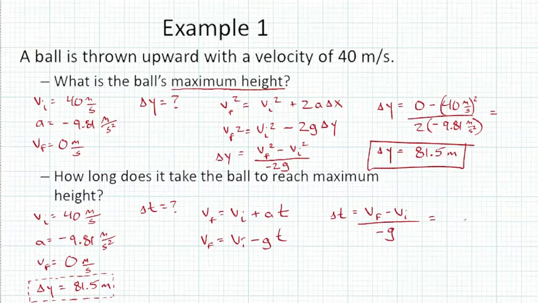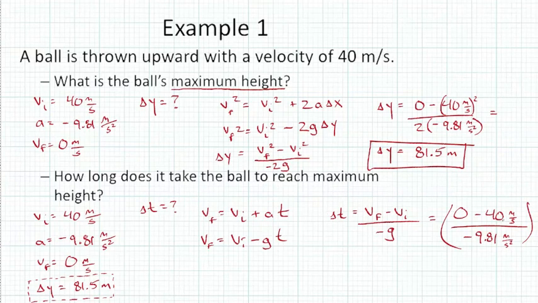What is that? Well, my final velocity is 0. That's easy. My initial velocity is 40 meters per second. And my acceleration, that's negative g, or it's negative 9.81 meters per second squared. So negative over a negative. And actually, you can think of it this way: you can't have a negative time.